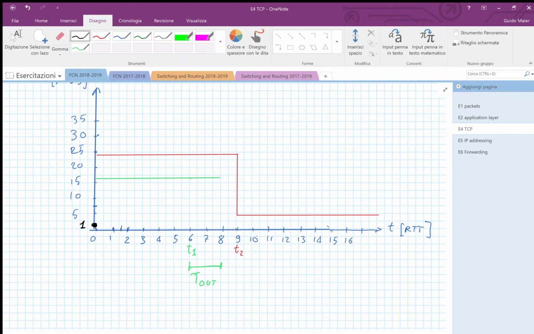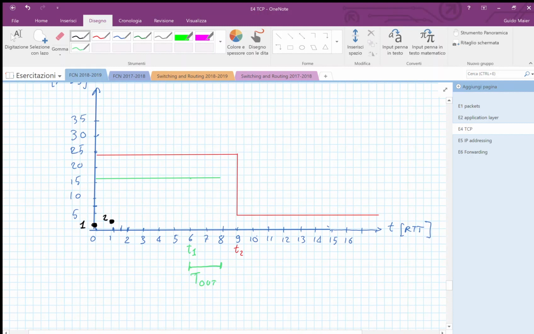And what happens to the congestion window? We are in slow start, so each time we receive an ACK, the congestion window is increased by 1. Okay. 1, of course, always in terms of maximum segment size, so it's always normalized. So it will go to 2.